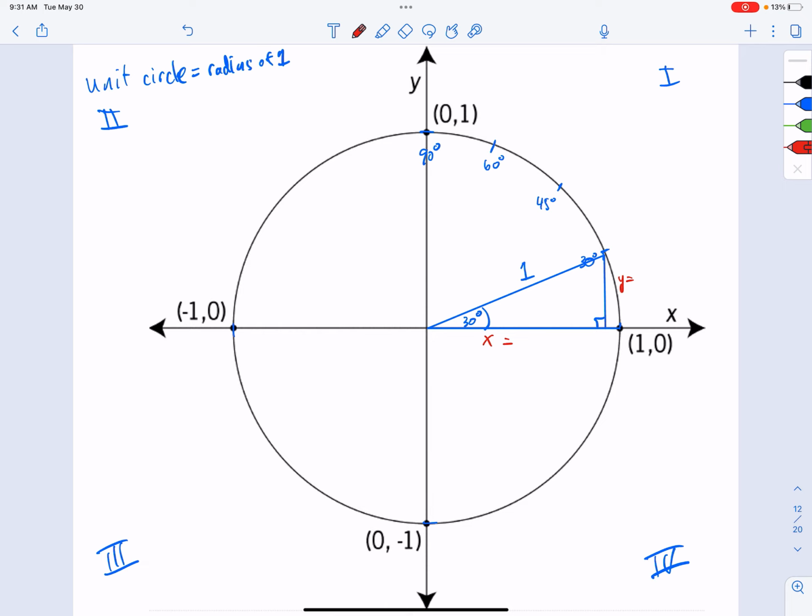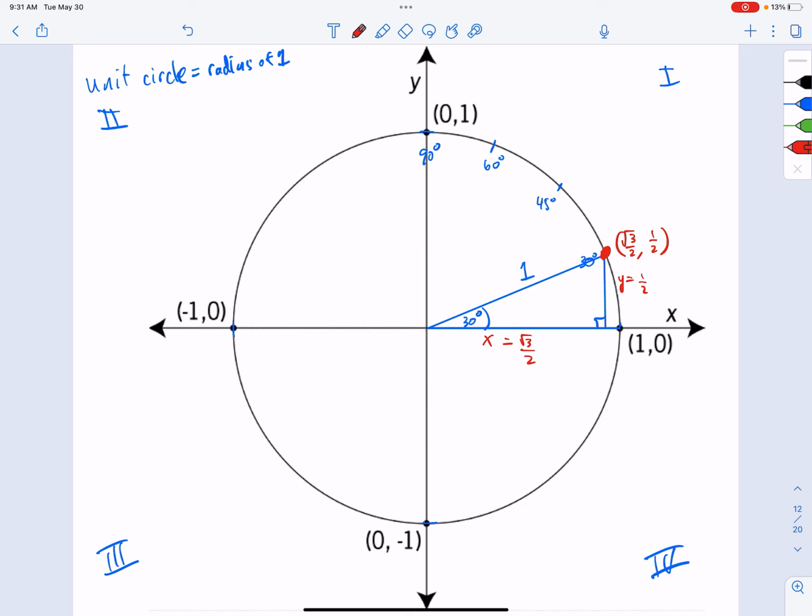And so if I do that, my x value on this triangle is root 3 over 2, and the y value is 1/2. So what that tells us is the coordinates of this point here on the unit circle. The x coordinate is root 3 over 2. The y coordinate is 1/2.